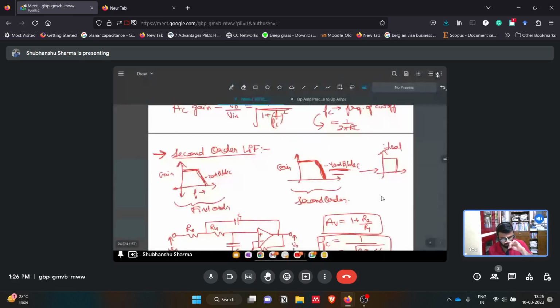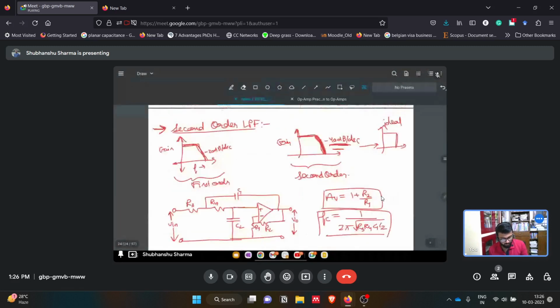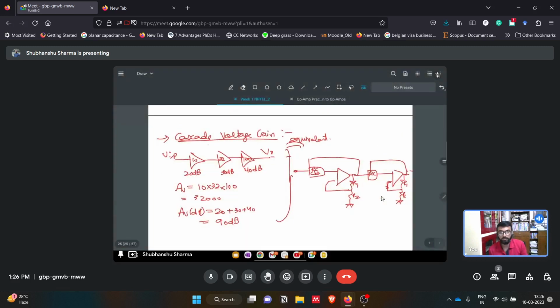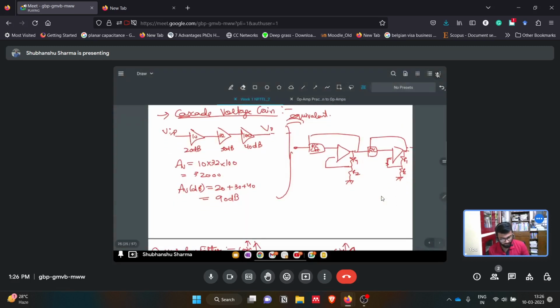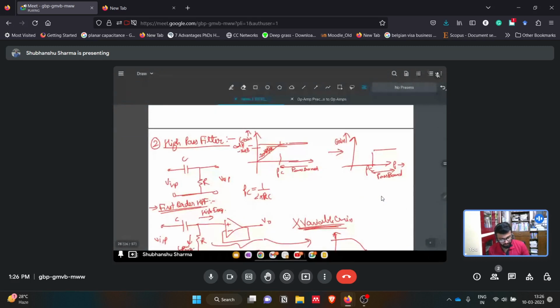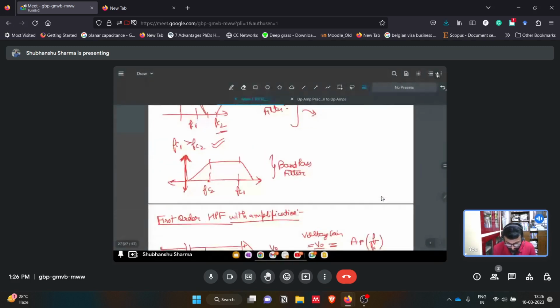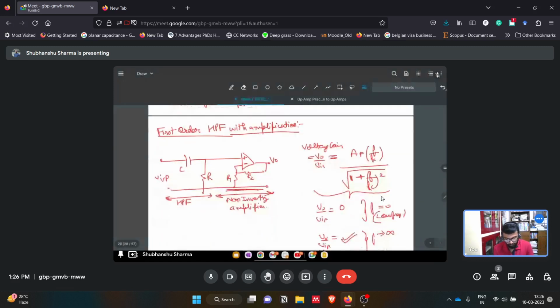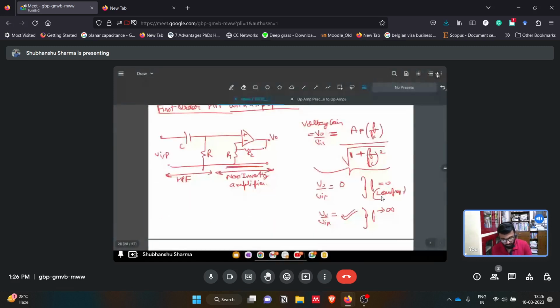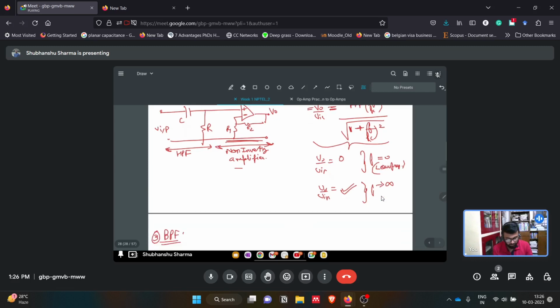Similarly, we did this for the second order LPF. Then we saw the concept of cascade voltage gain. Then we talked about the high pass filter and how we can realize it using op amps, and also about variable gain in a high pass filter using a non-inverting amplifier at the output stage.